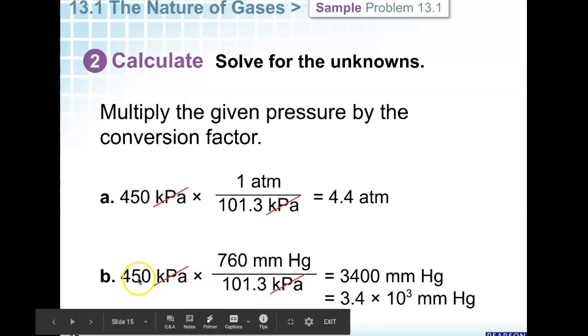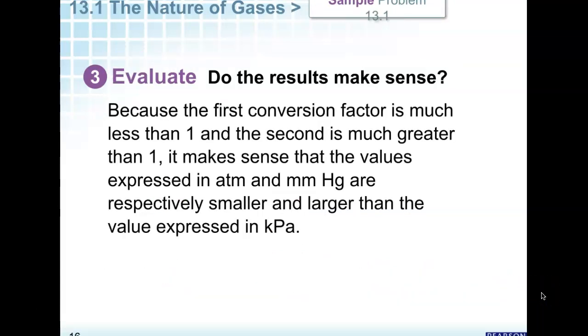And then I would take 450 divided by 101.3 multiplied by 760, and I should get this answer. So that's how you're going to be solving. Always look at your answer to see if it makes sense. You want to make sure that if you're going from ATM to mmHg, your numbers should get bigger because it's 1 ATM to 760 mmHg. So make sure your answer makes sense.